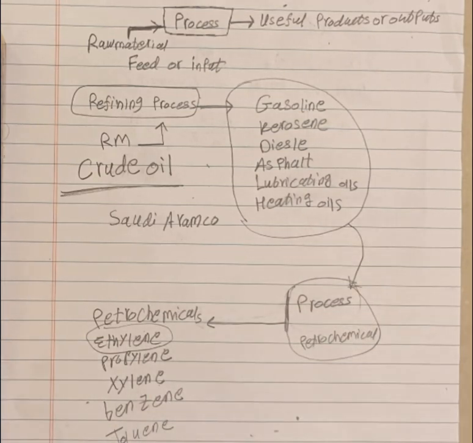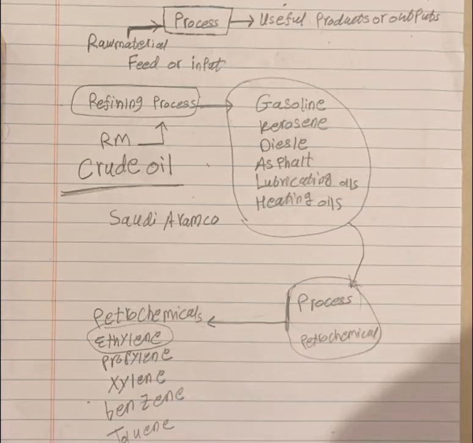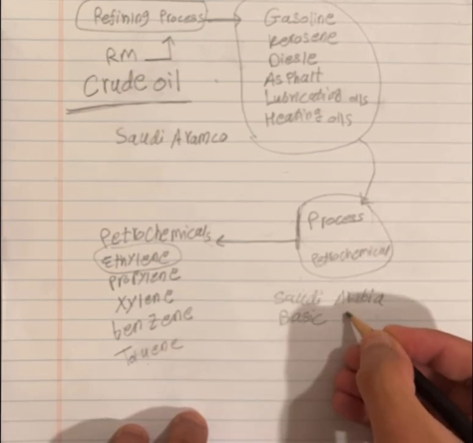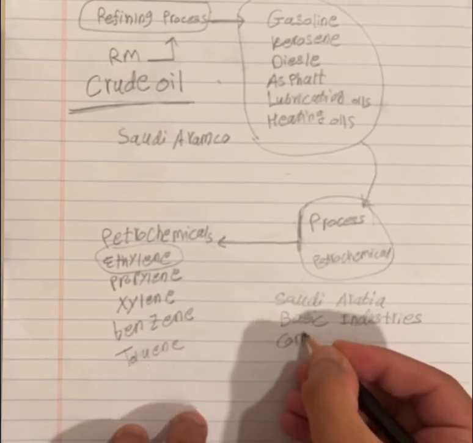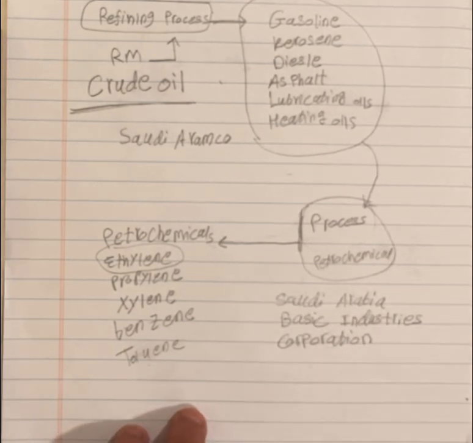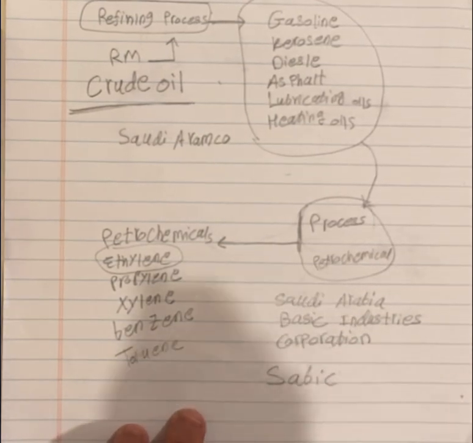And also propylene. Example of a very successful company that already also has succeeded in production of petrochemicals extensively is Saudi Arabia Basic Industries Corporation, the hardest word, or as you briefly know it, SABIC.